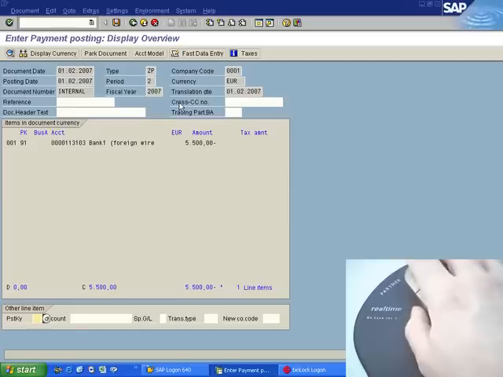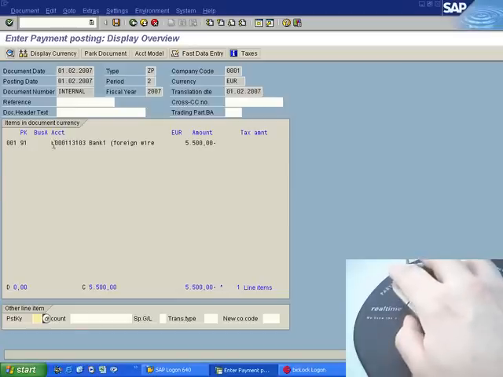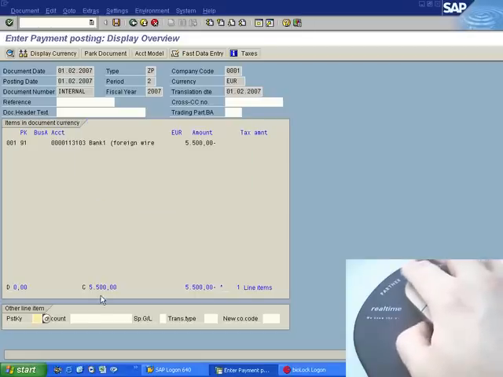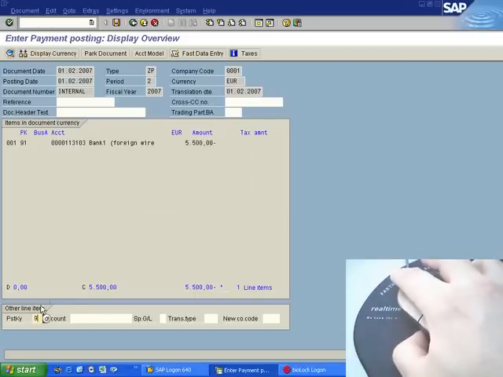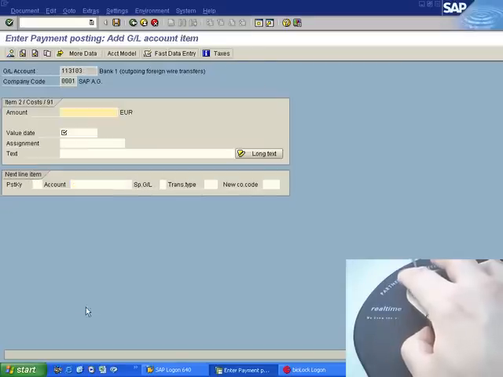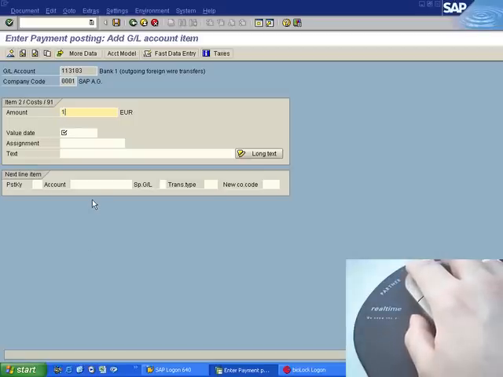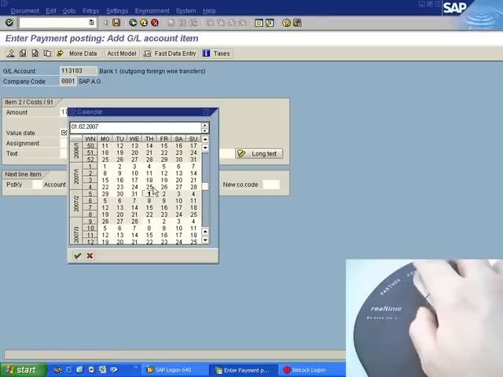When I go back, you will see that here is our 5,500 euro ready to go out for the wire transfer. I am adding more money to the same account, and this time we will post 17,000, my apology.